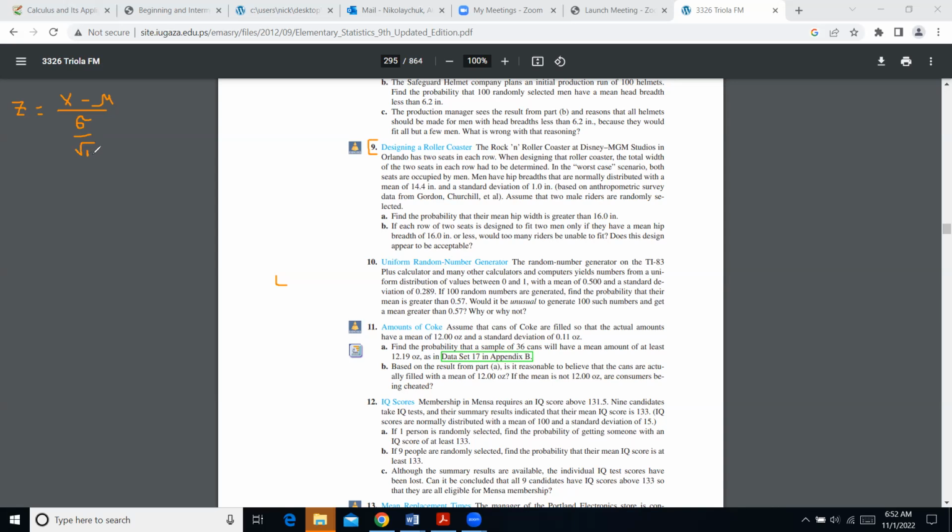So for a quiz, I asked you to use this formula for a data set here that had a population mean of 14.4, with the standard deviation given as 1.